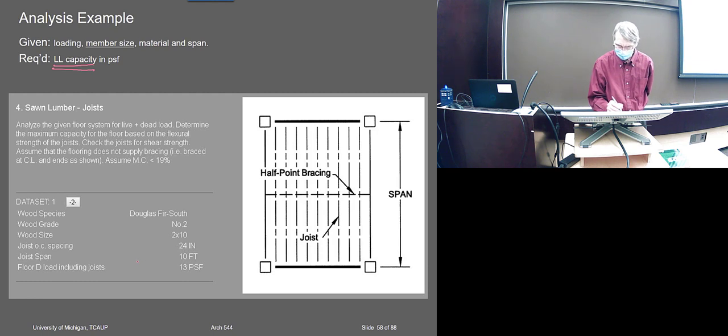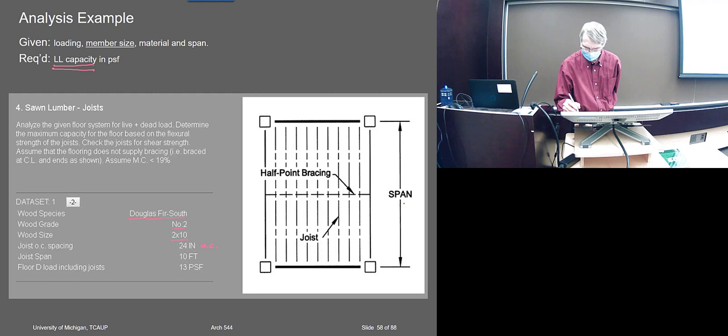So this is based on Douglas Fir South, grade number 2, another 2 by 10, seems to be our favorite wood. The joist spacing is 24 inches on center. The span is 10 feet. I guess the full span is 10 feet, and it's braced at the half point.